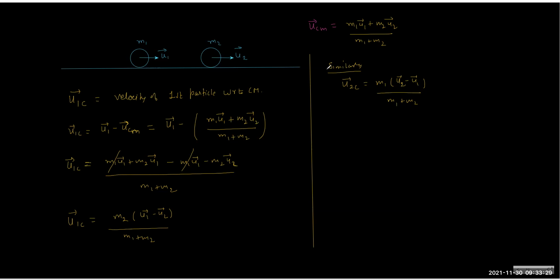Yes, sir. Okay. So the next step is, can you find the momentum of each particle in the CM frame? What is the P1C? That is the momentum of each particle in the CM frame. How much do we have? m1 into u1c. And if you do so, you get m1 m2 upon (m1 + m2) times (u1 minus u2).